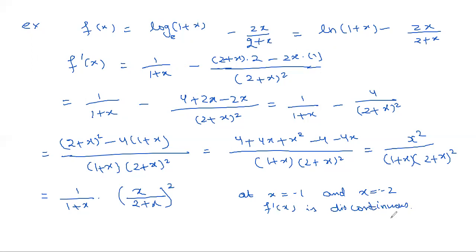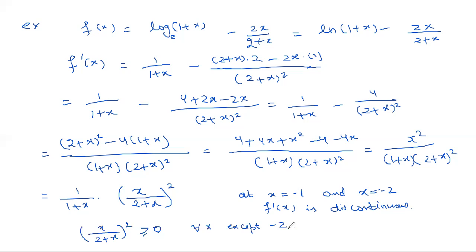Now the behavior has to be tested on the left of negative 1, on the right of negative 1, as well as on the left of negative 2 and right of negative 2. Because x squared over (2 plus x) squared is always greater than or equal to 0 for all values of x except minus 2.